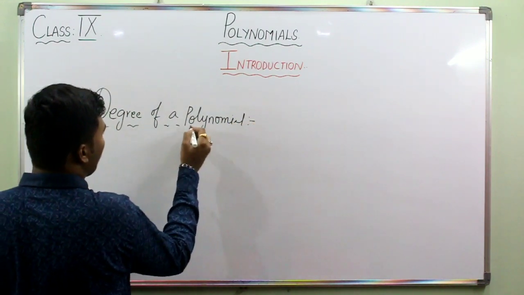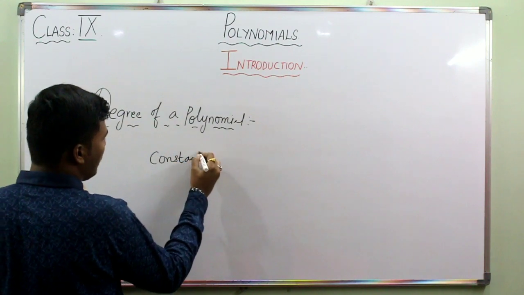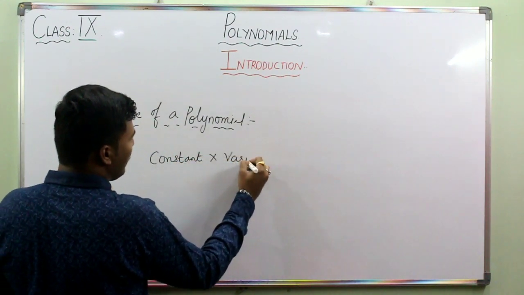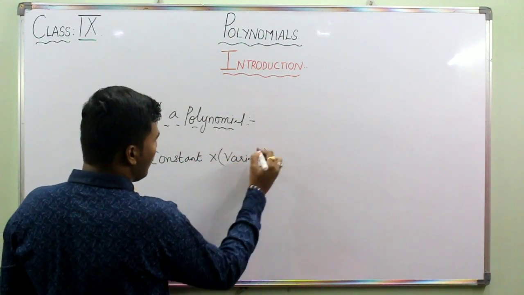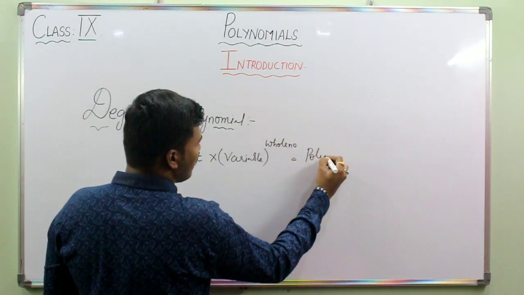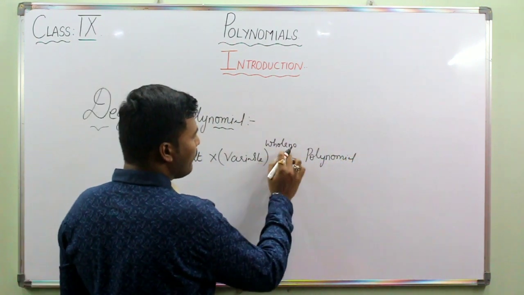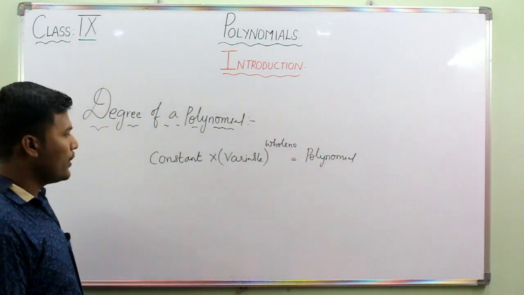See, we have a constant into a variable to the power of a whole number, which will make a polynomial, right? A constant into a variable to the power of a whole number is called a polynomial.